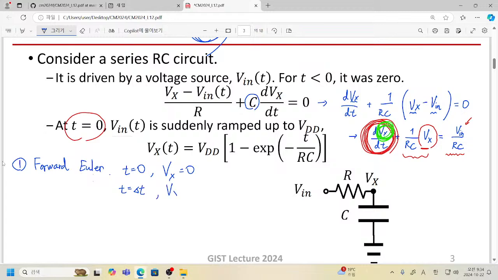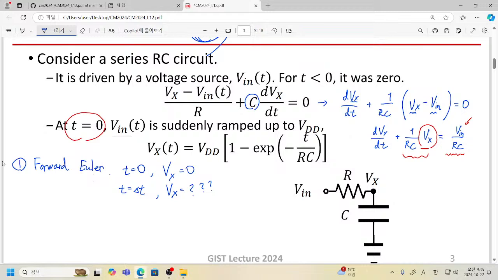Then what will be Vx? That will be considered with this linear mode, this Forward Euler method. So let me just do it together with you.